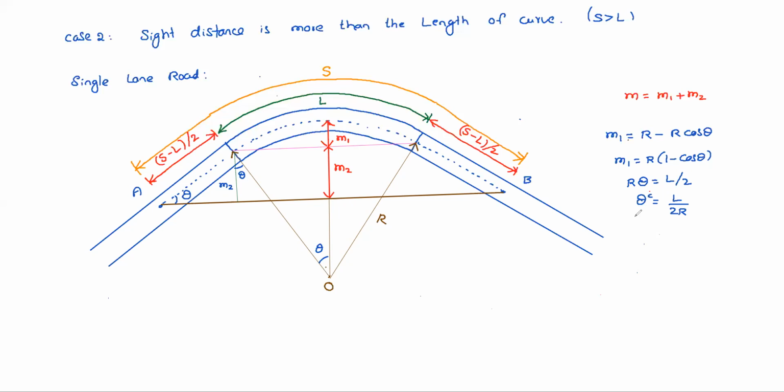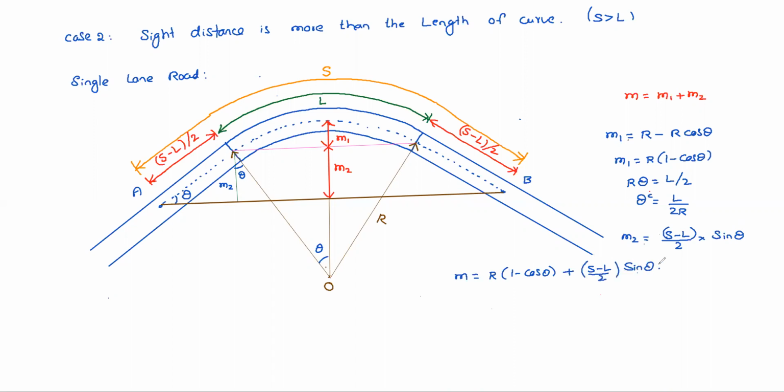So M2 equal to S minus L by 2 into sin theta. Opposite side, okay? That is hypotenuse. Multiplying with sin theta, you get opposite side M2. So finally, M equal to R into 1 minus cos theta plus S minus L by 2 into sin theta.